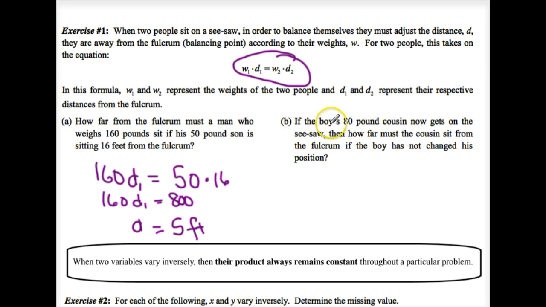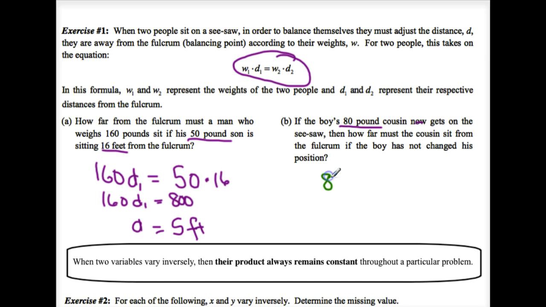Now what if the boy's 80-pound cousin now sits on the seesaw? How far must the cousin sit from the fulcrum if the boy has not changed his position? So this boy we know is where? From the first example, he was at 50 pounds and he was 16 feet from it. So we're going to set up our equation.